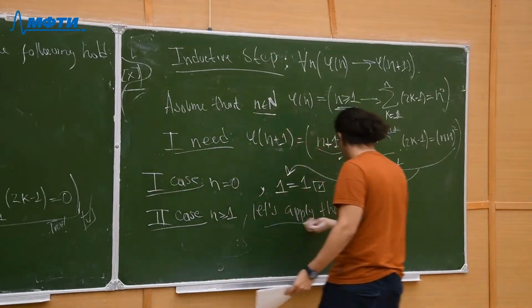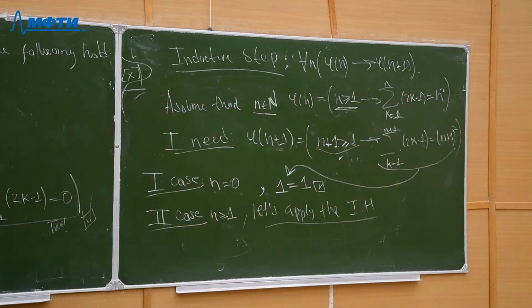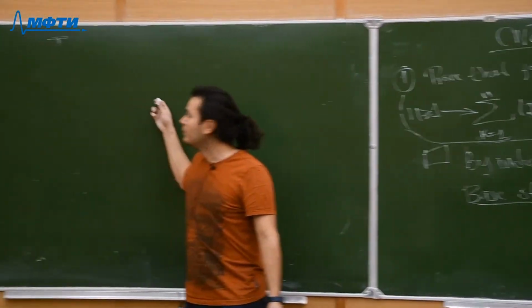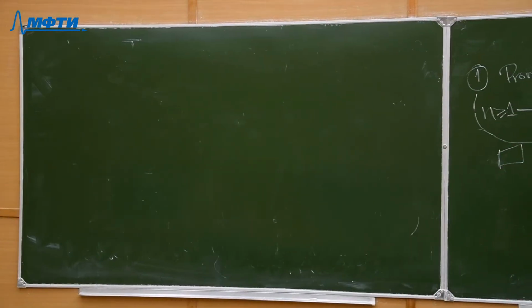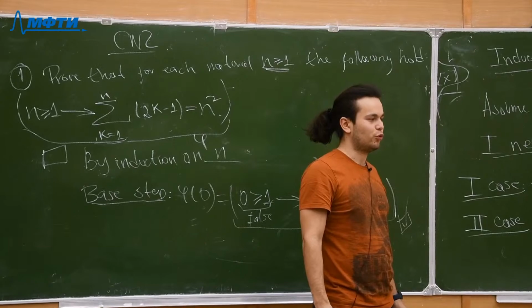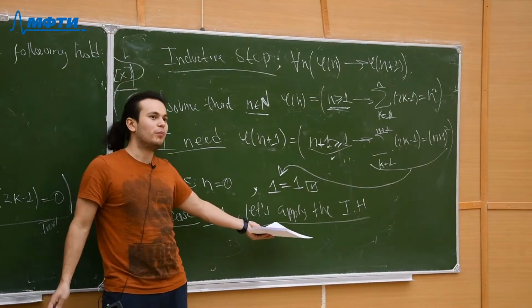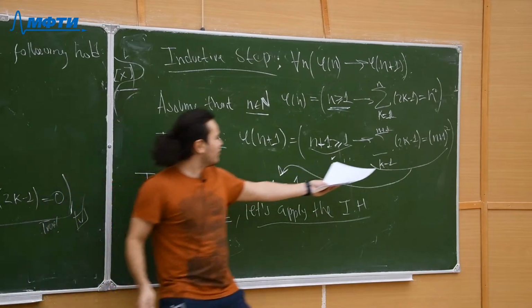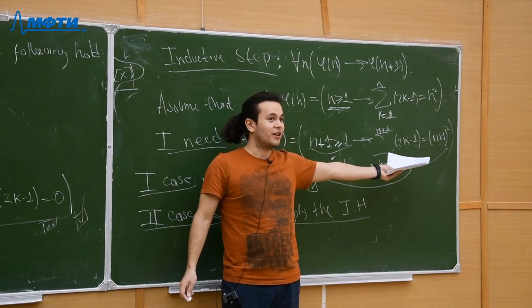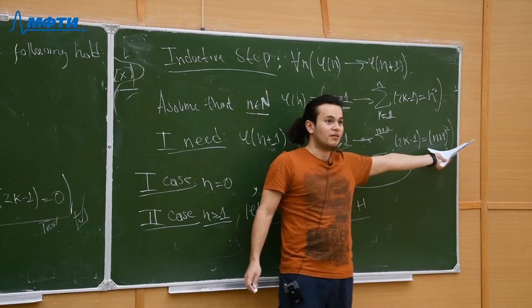I know that I can apply the inductive hypothesis. So good. What do I need to write here? Yeah, for this case we can apply it. So let's find that this is true. We need to find that this holds, right? So I need to write this and see if this is equal to this, right?